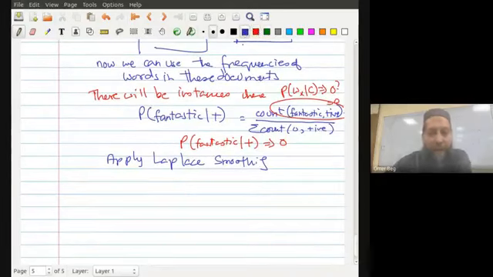And by applying Laplace smoothing, we are going to be changing the way we are estimating the probabilities.